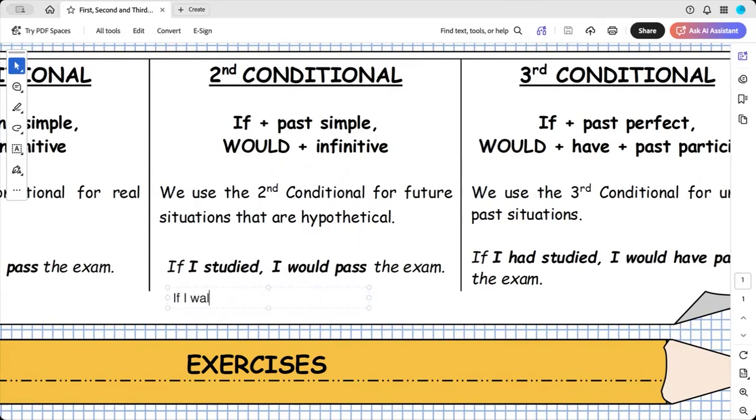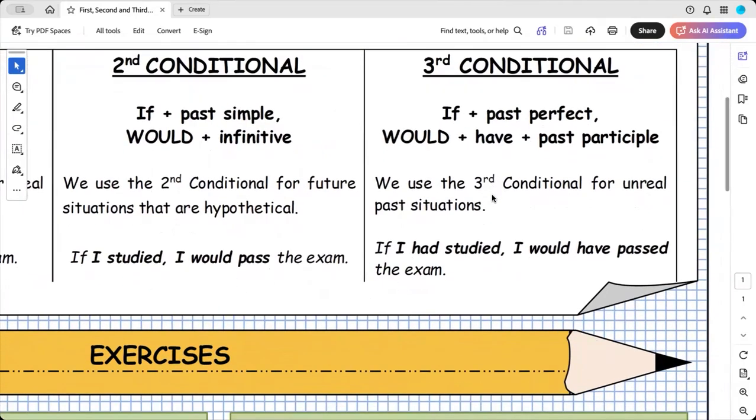If I walked home, I would get more exercise. It's true. So here, if I walked is past simple, would, get is the infinitive here.